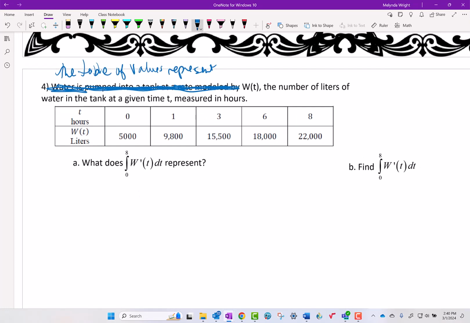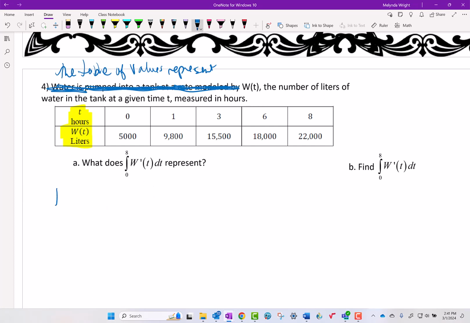So this is, and if you're not really sure, you can also look at the units, right? This is in liters, right? This is a quantity of water, right? W is a quantity of water, and T is in hours. Units are helpful. So if we're integrating the derivative, the rate that the water is changing, what would we get? We would get the amount of water. So what does that represent?